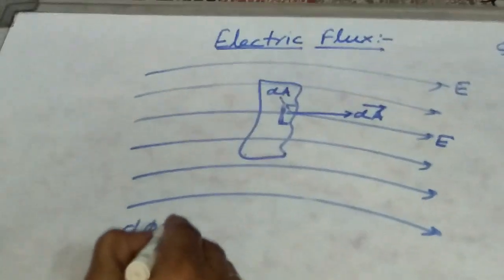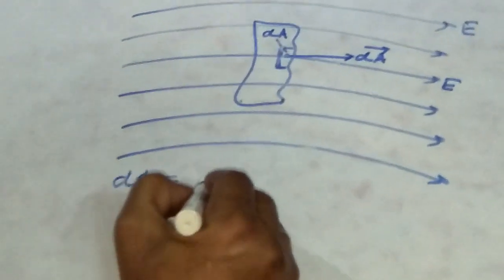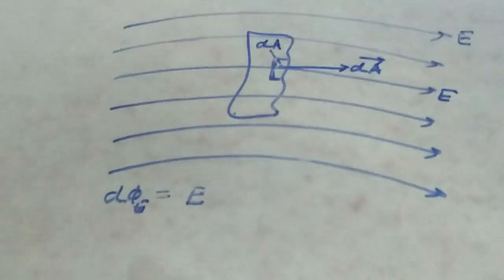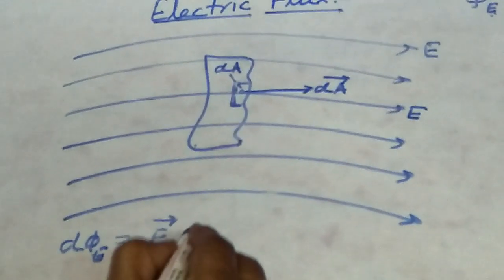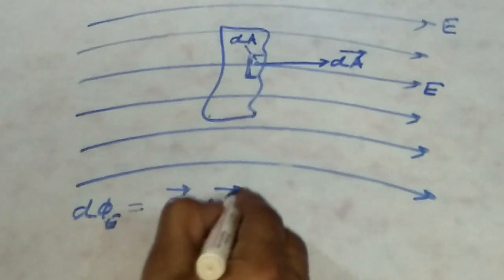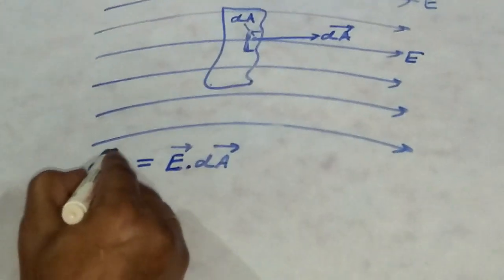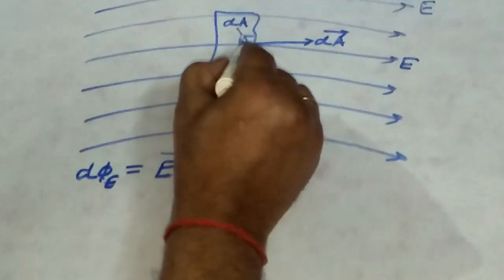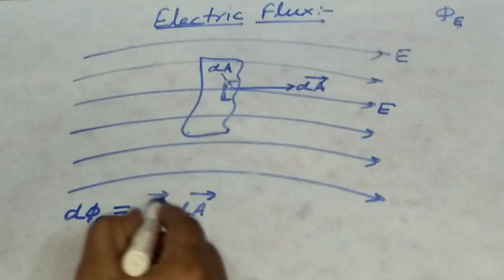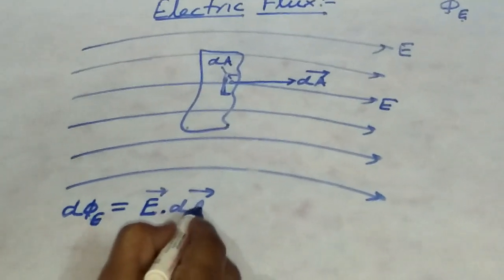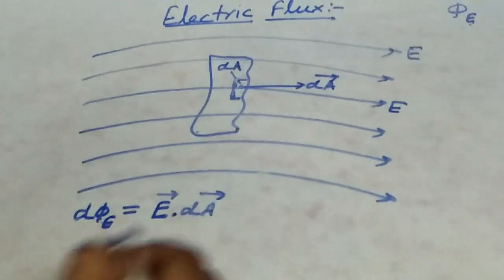That small electric flux d phi E is equal to vector E dot vector dA. So the electric flux d phi E is the dot product of vector E and vector dA.